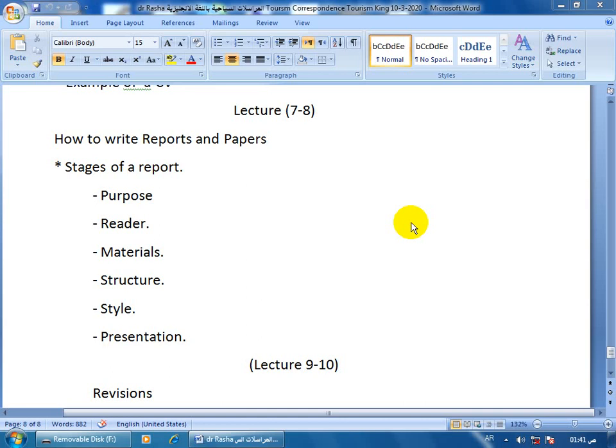And there are rules and guidelines that are very important when we are writing a report or paper: the title page, summary, content list, introduction, body of the report, conclusion, recommendation, appendices, bibliography and/or reference, glossary or nomenclature. In this lecture, we will talk about the style and presentation.